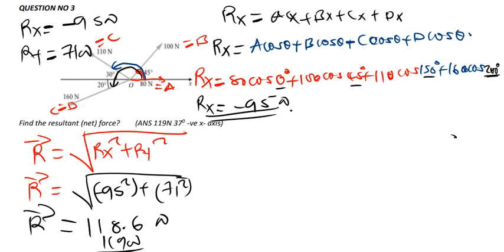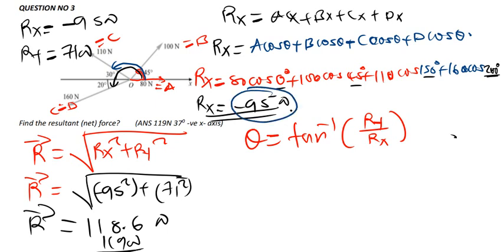Okay. The next thing we have to understand is that I want to find the direction. The direction is given by tan inverse of Ry divided by Rx. Now, the previous question I explained that if x is negative, we can see that Rx is negative, the Ry is positive.